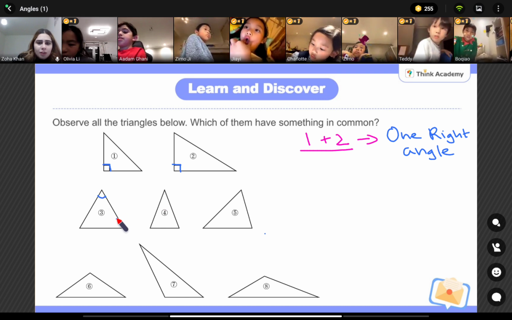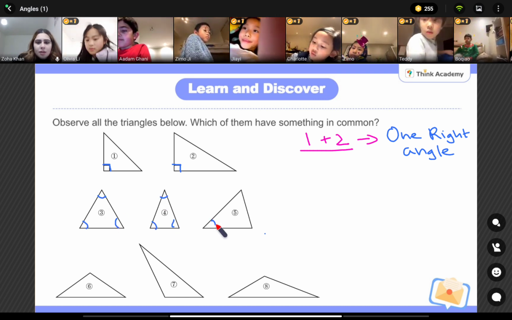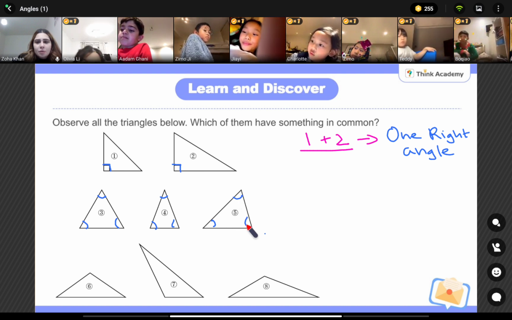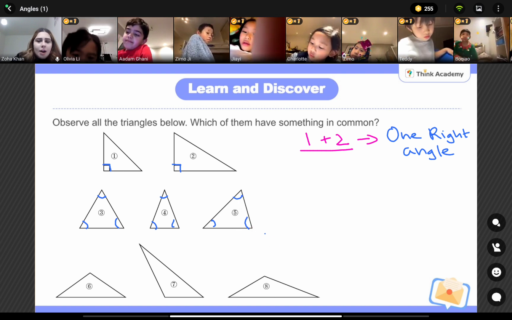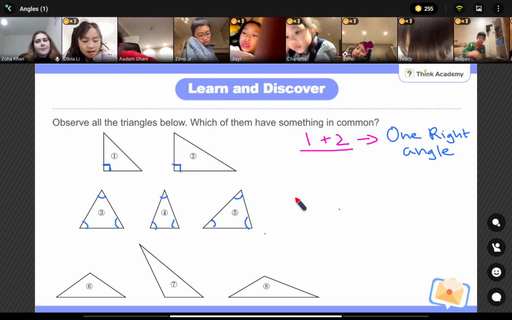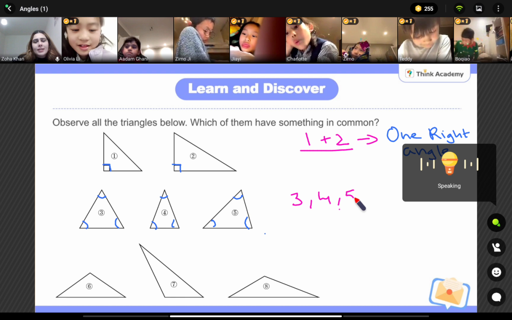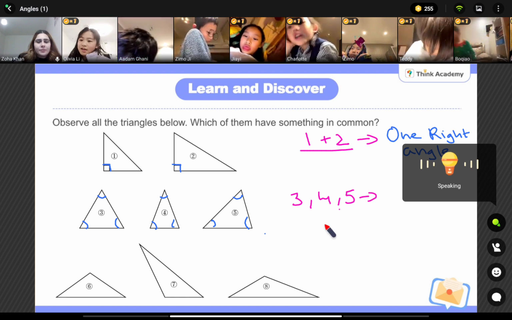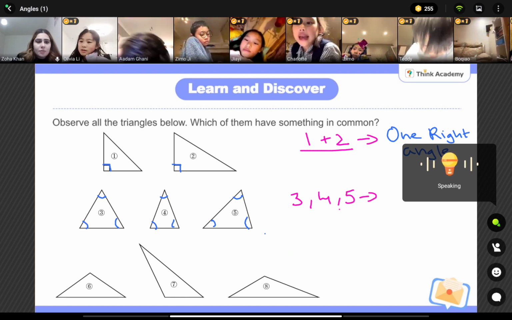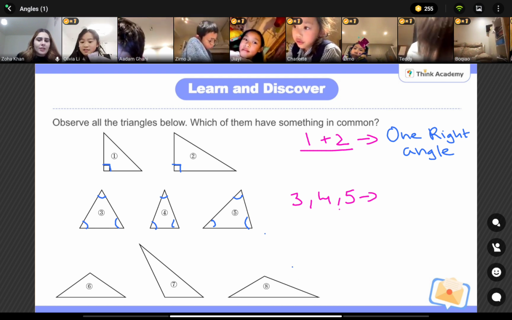Well, these are the angles inside. These are all of the angles inside 3, 4, and 5. Olivia, what do they have in common? Triangles 3, 4, and 5. Good. Every single angle is an acute angle, isn't it?